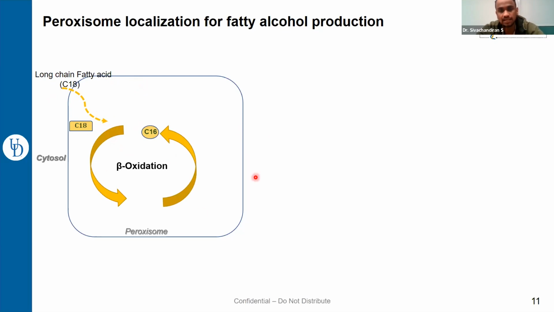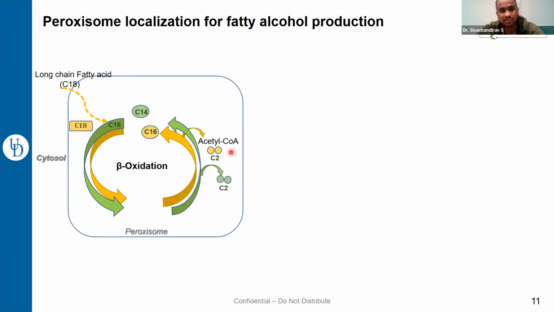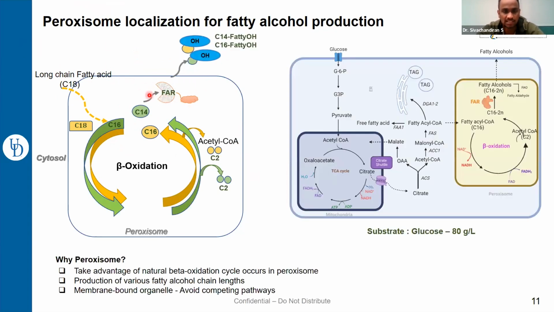For each cycle, it cleaves 2 carbons and releases them as acyl-CoA, and then you get different chain lengths of fatty acid. So what we tried is to localize a fatty acyl reductase, an enzyme that reduces fatty acid to fatty alcohol, in the peroxisome, to get fatty acid to fatty alcohols.